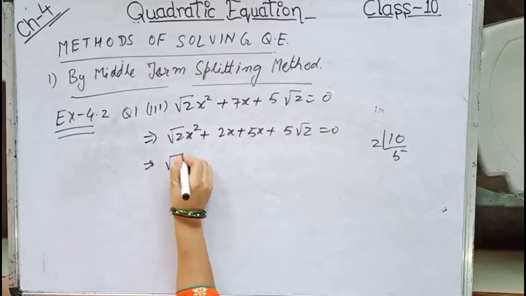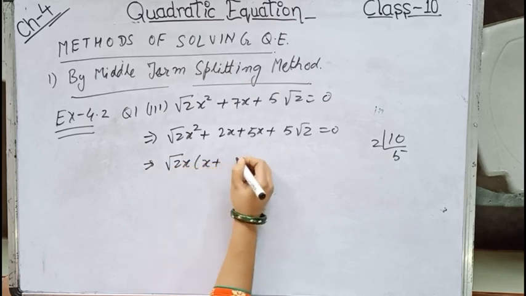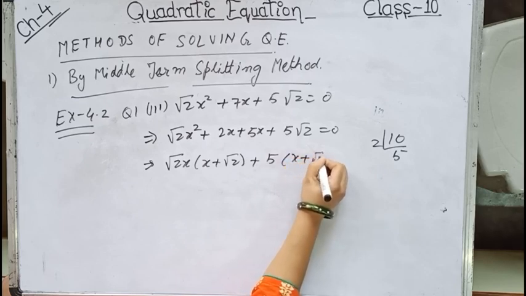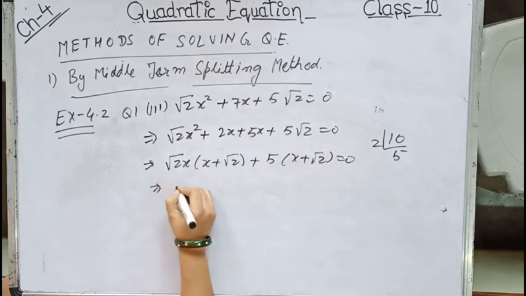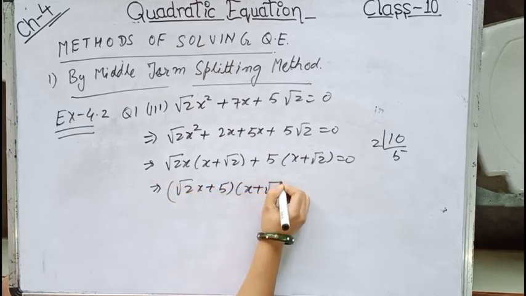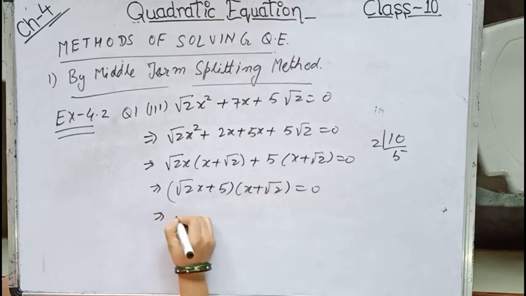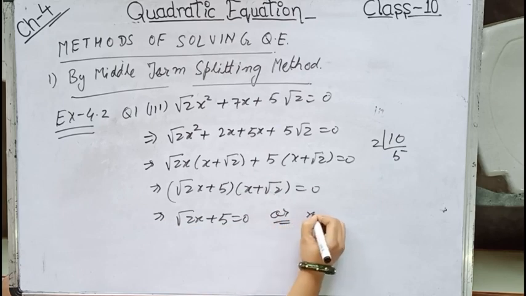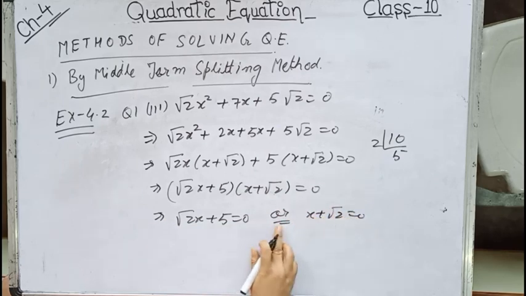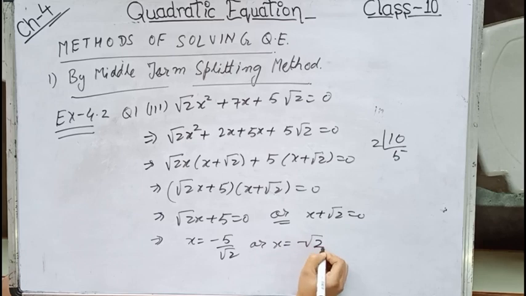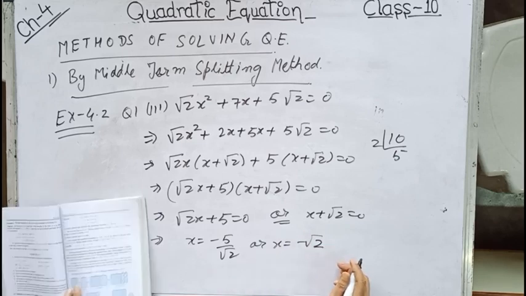In these two, root 2x is common, so root 2x, so x plus root 2 plus 5 and x plus root 2 equals to 0. This implies root 2x plus 5 and x plus root 2 equals to 0. This implies root 2x plus 5 equals to 0 or x plus root 2 equals to 0. Remember to write all. This implies x equals to minus 5 by root 2 or x equals to minus root 2.